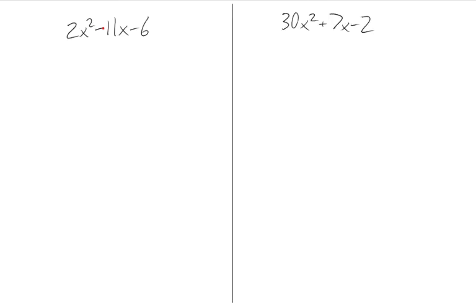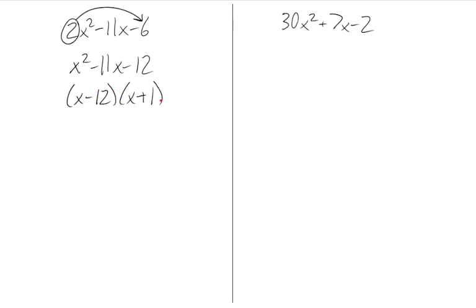Let's do this for 2 more problems. So again, we multiply through by the 2, and we get x squared minus 11x minus 12. Alright, that's easy enough to factor. It's x minus 12 and x plus 1. So again, the original number was a 2, so I put a 2 in, divide by 2, divide by 2.